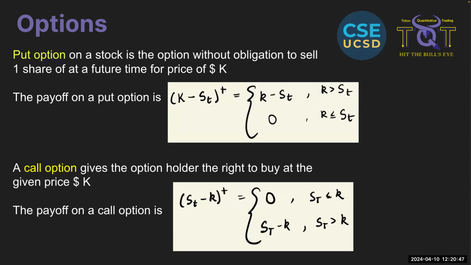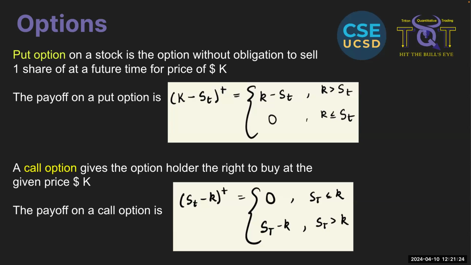So if the stock price is $100 today and the strike price is $90, then your K would be $90 and your ST, the current stock price, would be $100. In that case your payoff would be $0 from the option. But if your strike price when you sign the contract was $110, then you would make $10 on the option.